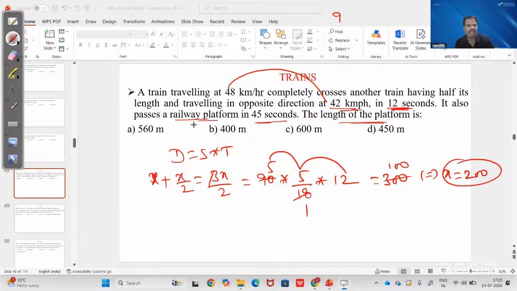It also passes a railway platform in 45 seconds. So which train? The train at 48 kilometers per hour.